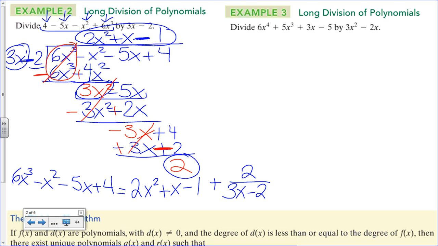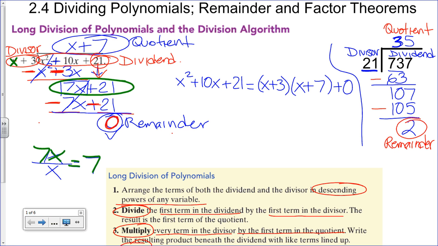So think about a number. Well, actually, we do have a division here. So when we divided 737, if you remember mixed fractions back in the day when you were in elementary, it was the quotient, which is 35, plus, I'm sorry, not 21, but the remainder, which was 2, over 21, right?